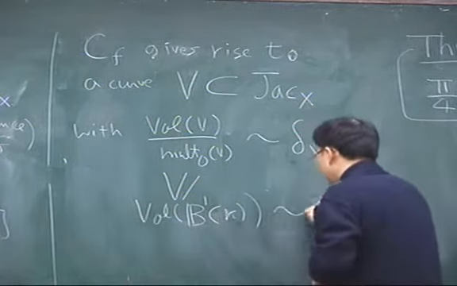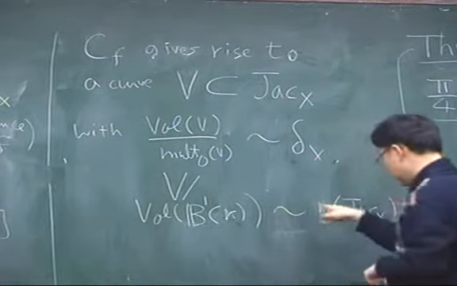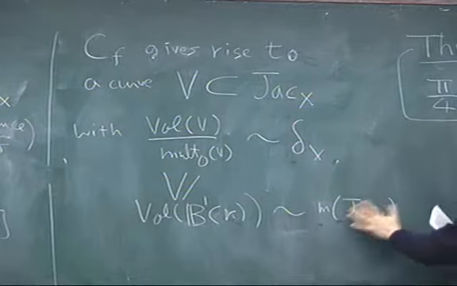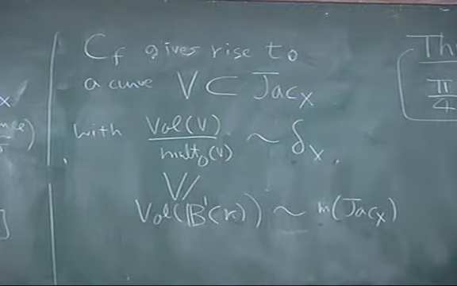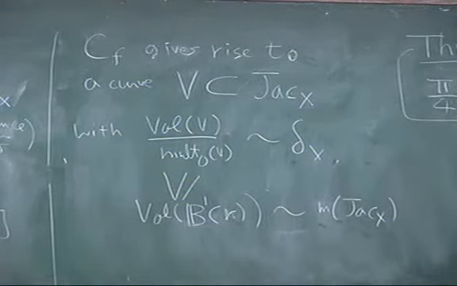This is roughly the Ullmo-Sarnak invariant of the Jacobian modulo some constant. So this way you can see that delta_X is bounded below by the Ullmo-Sarnak invariant of the Jacobian modulo some constant. And that's how we prove this.